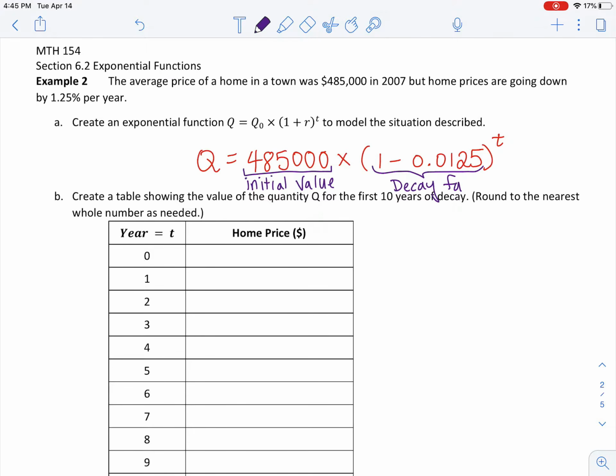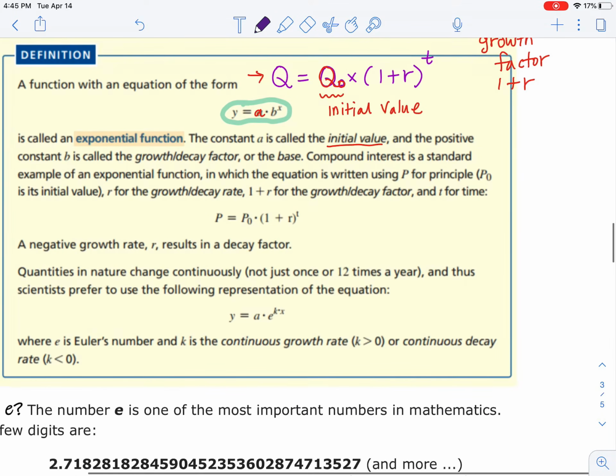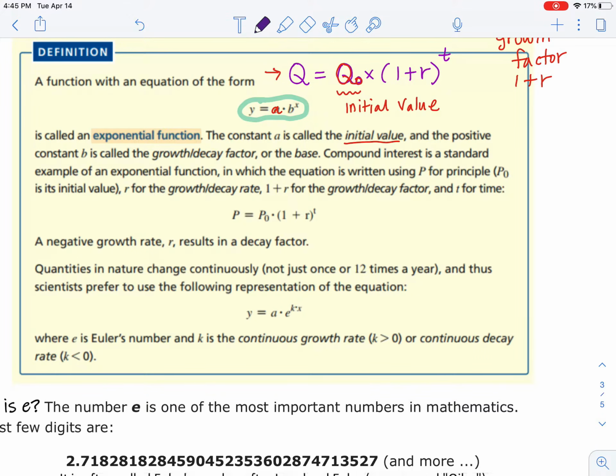Why shouldn't we call this growth factor? We should call this decay factor, because this is home prices going down. We are subtracting. The decay factor is going to be 1 minus 0.0125. Okay? Alrighty. So we used those before, but now I'm giving you the definition here.